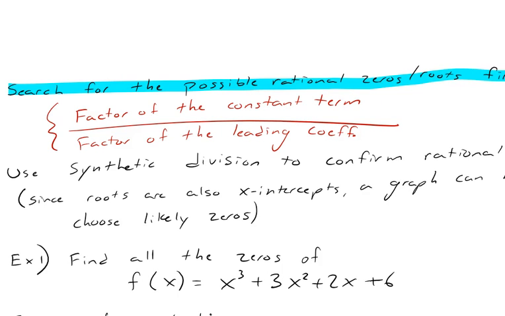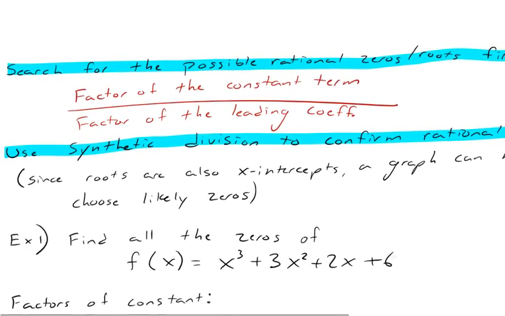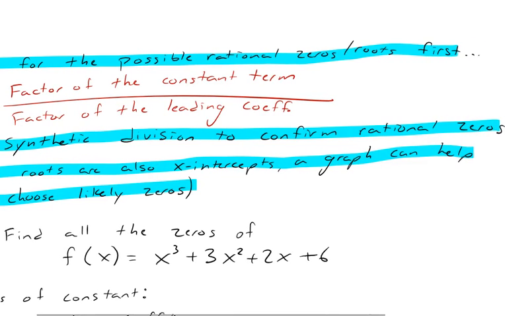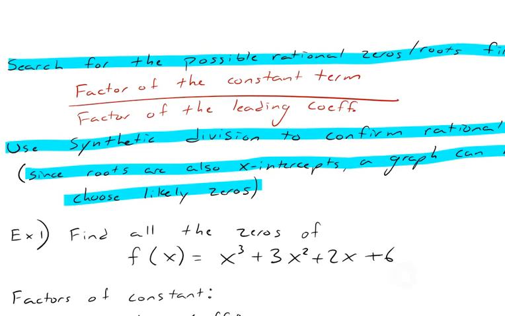You find the factors of the constant term divided by the factors of the leading coefficient. I'm going to show an example of this to make sure you understand what that means. Then you can use synthetic division to confirm rational zeros. Since roots are also x-intercepts, a graph can help choose likely roots or likely zeros.